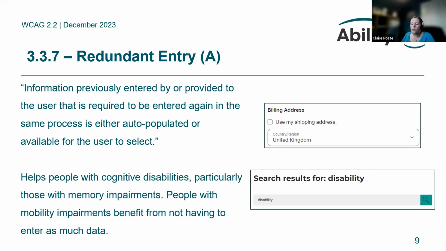So for example, using stars for passcodes and not letting them be copied, that's a valid exemption. And also where the previously entered information is no longer valid. So for example, if you're changing your address, you obviously don't want to have that information put in again because you want to put your new address in.